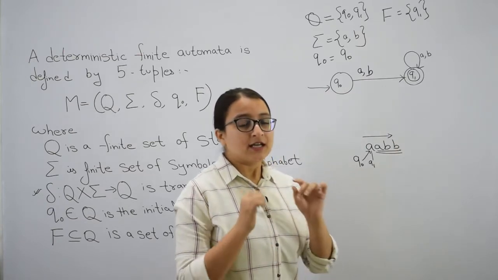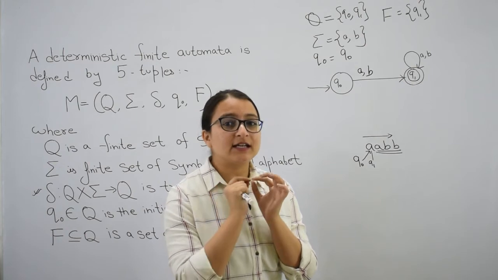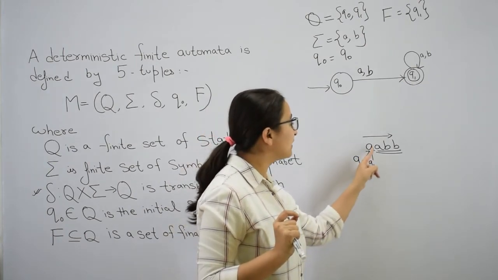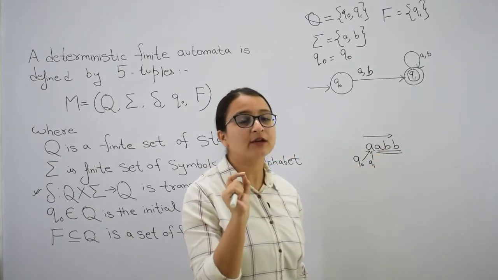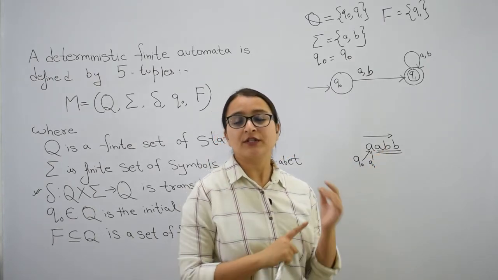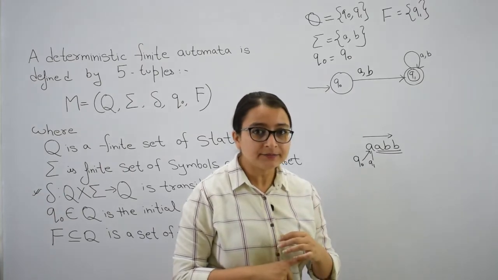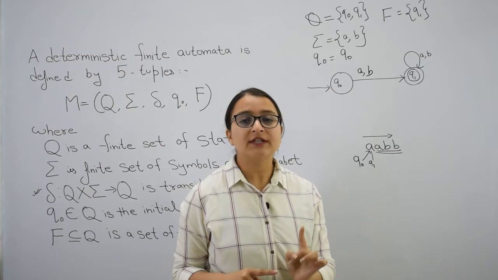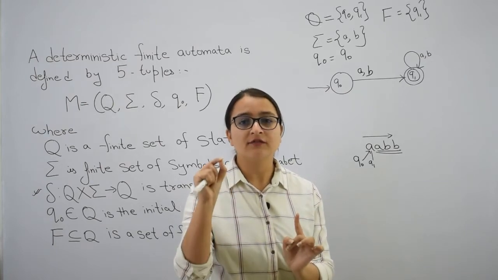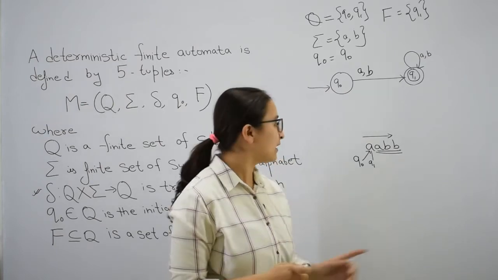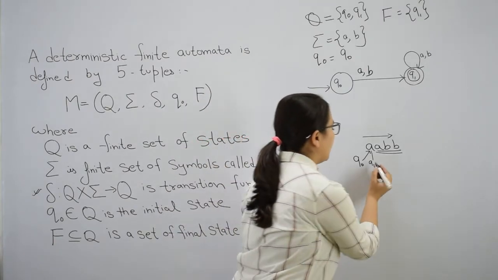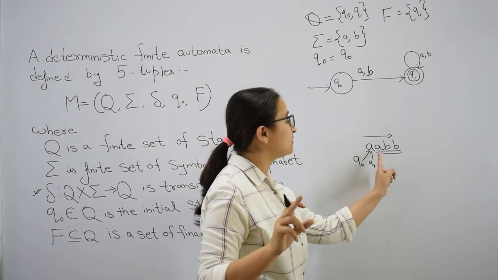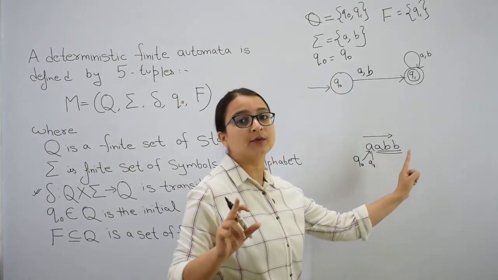Getting a final state somewhere in the middle, while we are traversing and checking for transitions, does not make your string get accepted. Your string is accepted only when, by reading the last character of the string, you reach a final state, any of the final states. Now you are in Q1, which is already a final state, but we will not assume that the string is accepted because we still have characters to read.